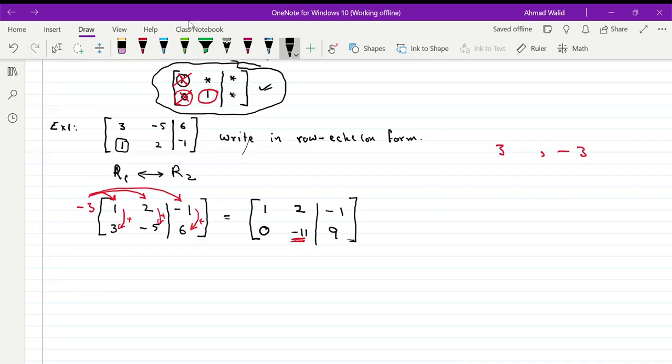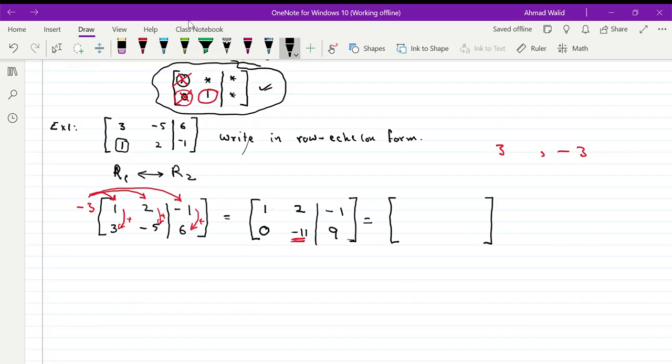To change an element to 1 in a row, you divide the row by that same element, or you multiply the row by the reciprocal of the number. The easy way is divide, right?